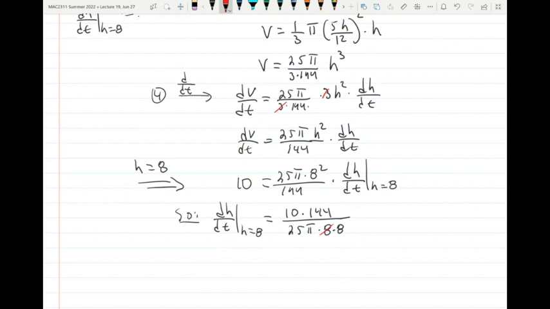Half of 8 is 4, half of 10 is 5. This 5 is gone with the 25, give me a 5. Now, we do 144 divided by 4? Yes. Divided by 4, and then here we get a 36. And then divide this by 4, you get a 2. Divide this by 4, you get a 9. So we end up with 9 on top. And then in the bottom we have 10 pi.